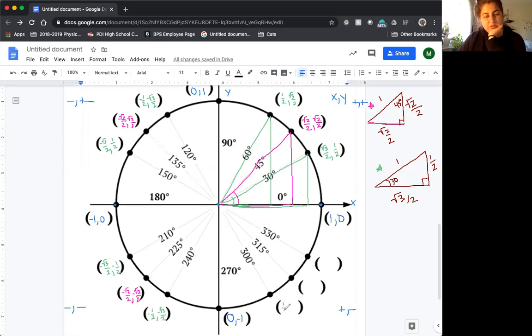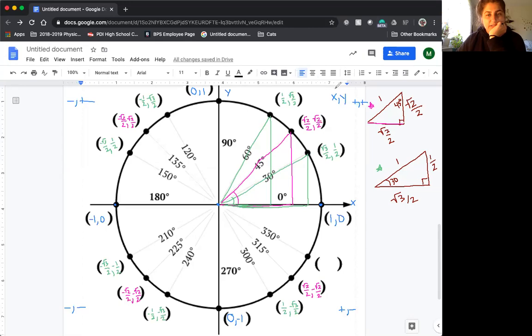So this turns into 1/2, comma, negative root 3 over 2. Same thing, x is positive over here, right? Because this is the positive part of the x-axis. So this turns into root 2 over 2, comma, negative root 2 over 2.